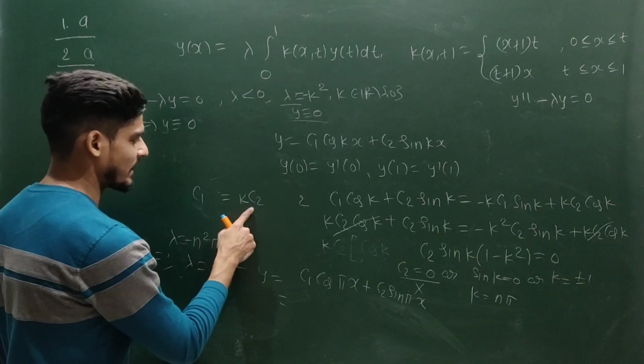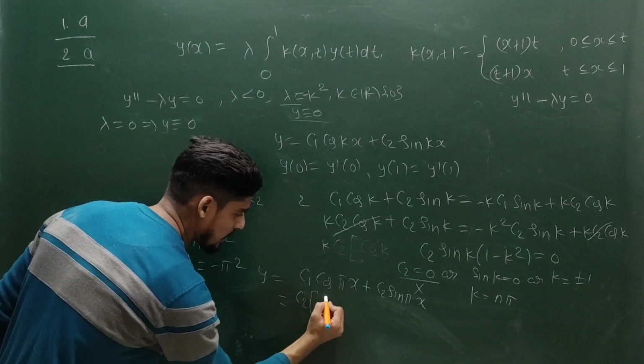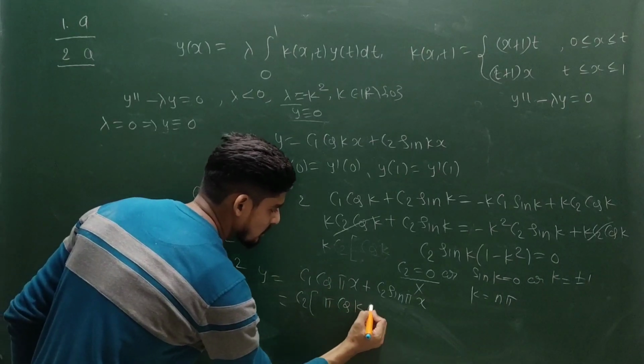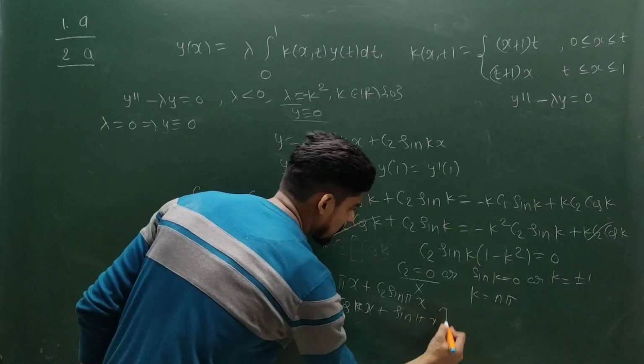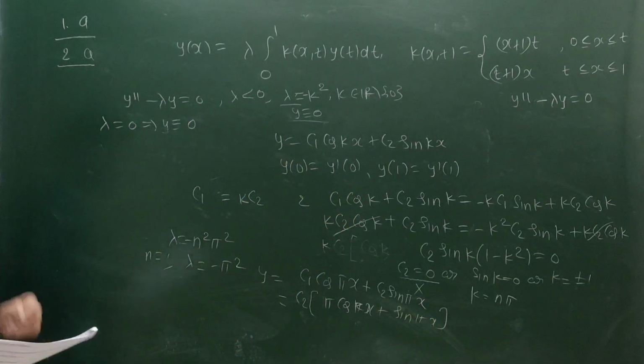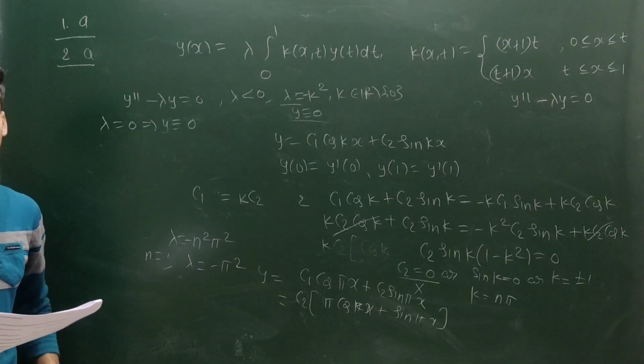In place of C1, I can take k C2. So C2 is common, k is pi, so this is pi cos pi x plus sin pi x. So I will have this. If you see option D, if you choose C2 to be 1, then this is also possible.